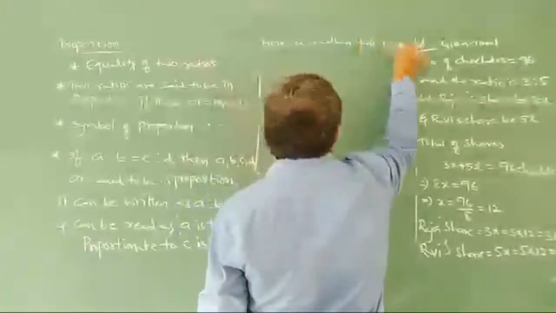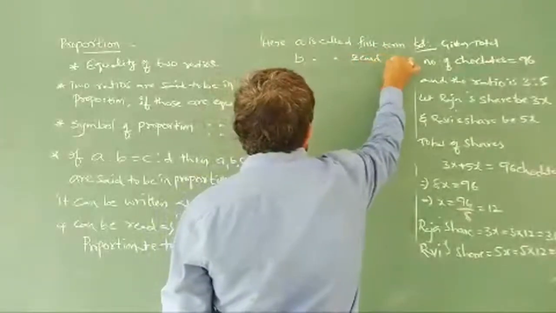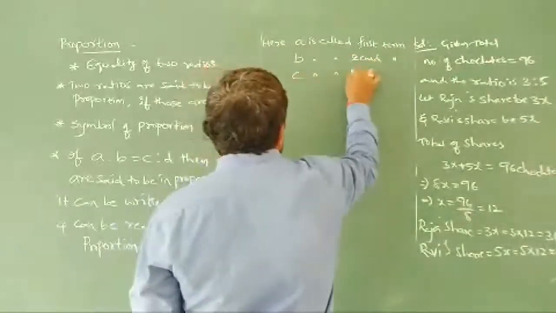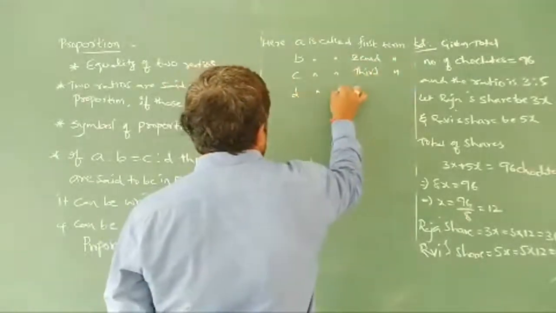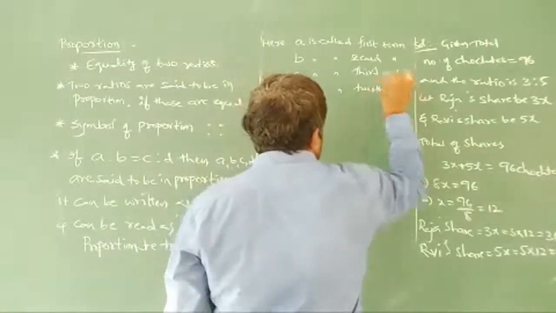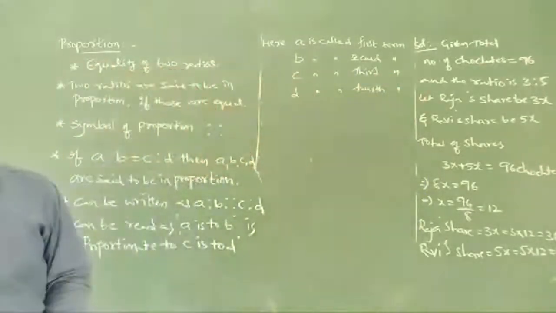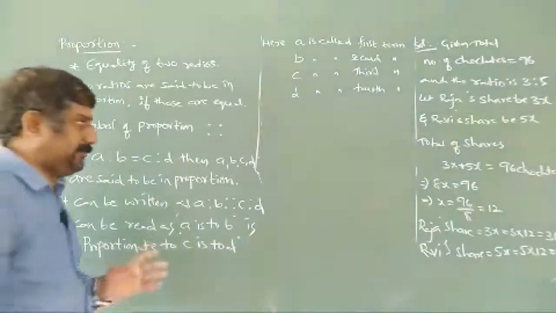A is called first term, B is called second term, C is called third term, D is called fourth term.